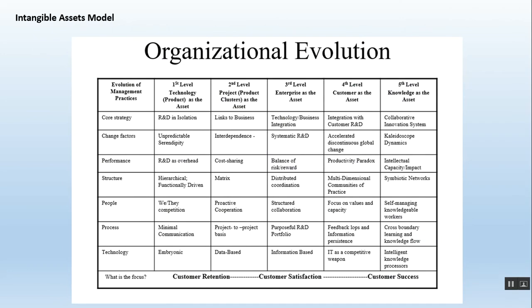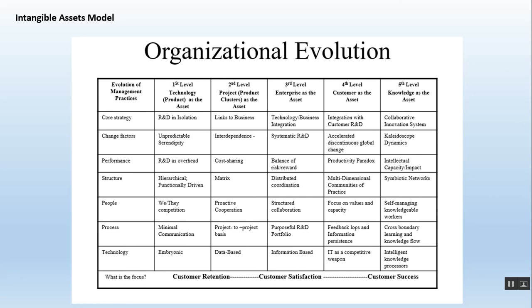And the last one I'll show you is based on the intangible assets model. It shows how different companies are at different stages of evolution. The simplest companies look at themselves as their technology is their product.